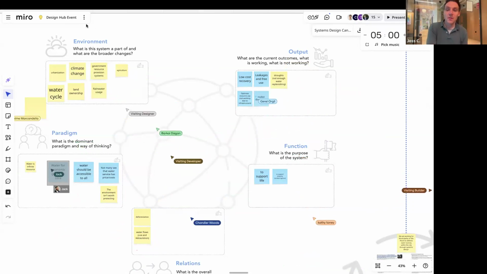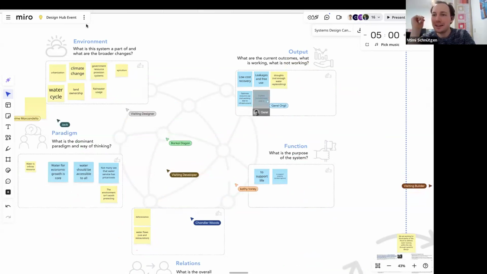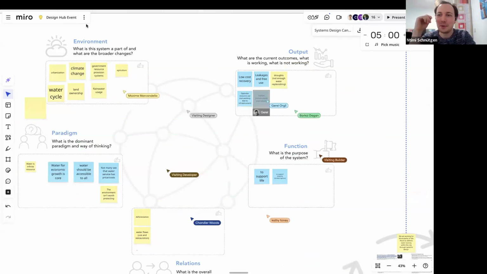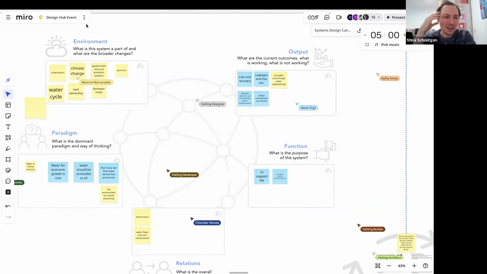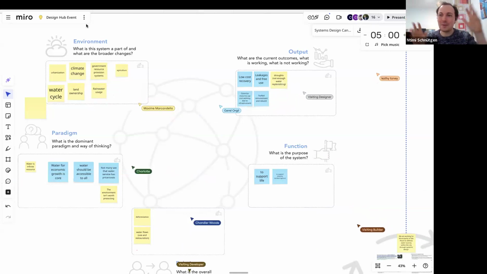Timmy? Sure thing, yeah. I didn't see that I was unmuted the whole time. Sorry about that. I really like the structure of the board, to have it separated into the different parts of the system. So looking at the environments, outputs, inputs, paradigms. It's a great way to think about the whole structure of the system at once.